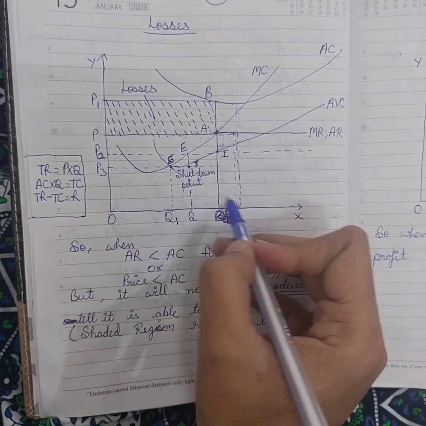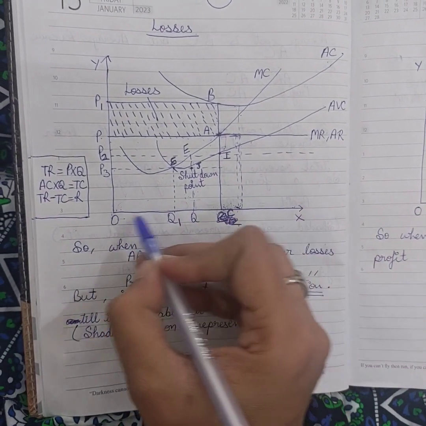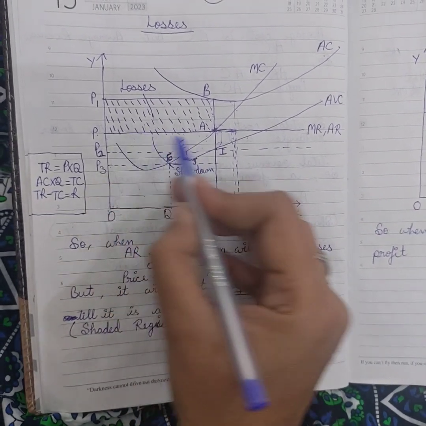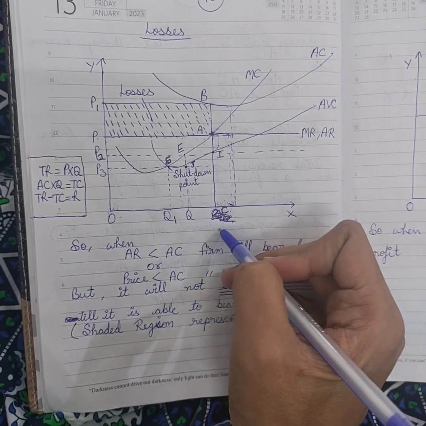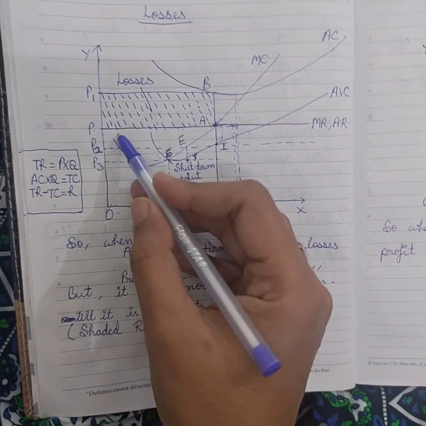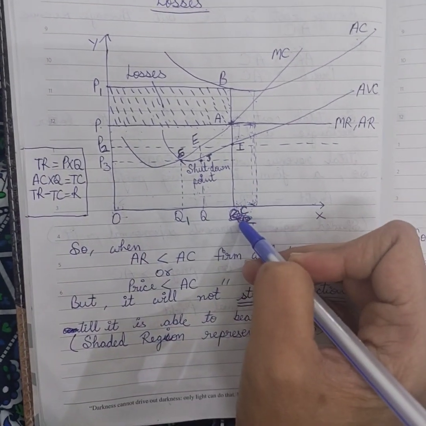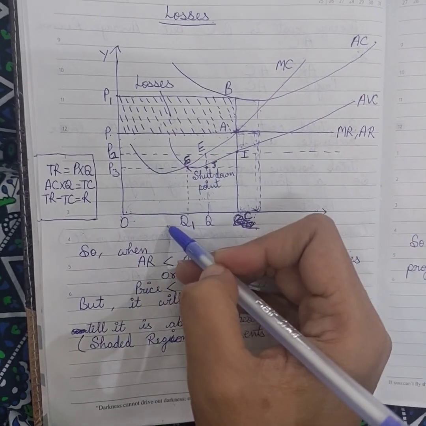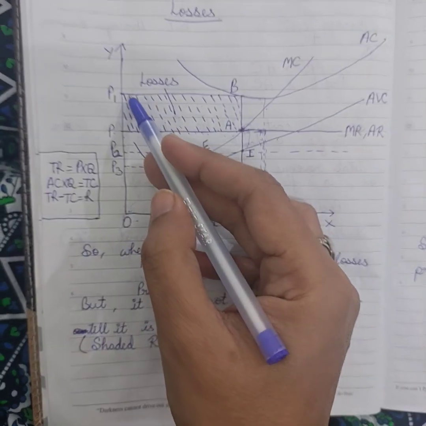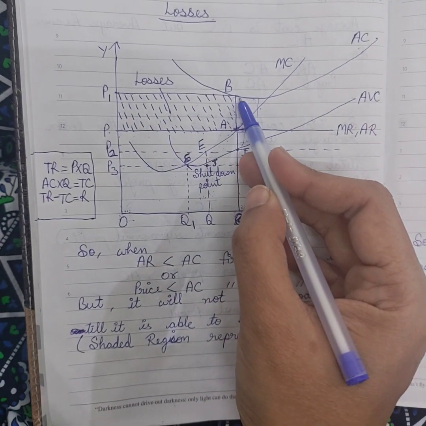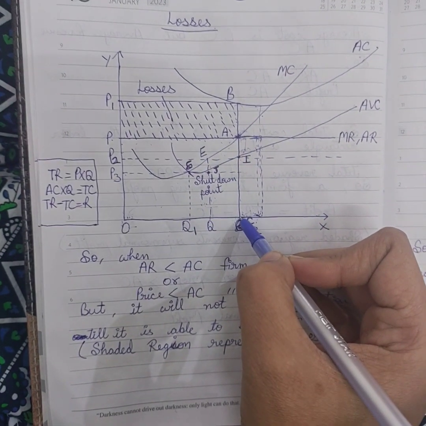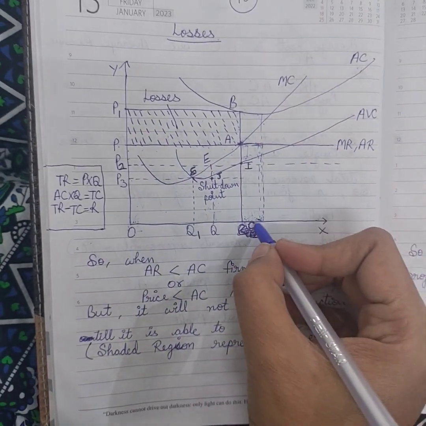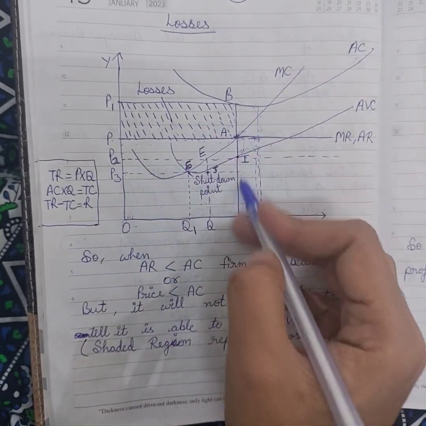So at OC output, OPAC is the total revenue, whereas OP1BC is the total cost.